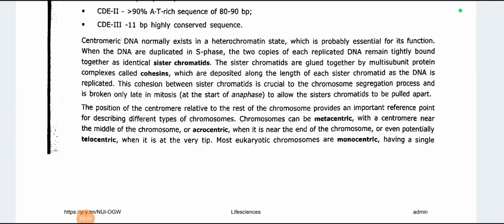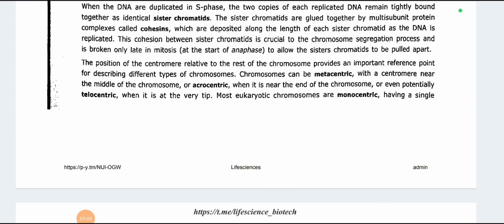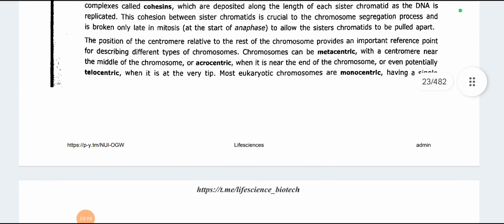Sister chromatids are glued together by a protein named cohesin, which is present along the entire length of the sister chromatids when the DNA is replicating. This cohesin is very important. During segregation, during late mitosis and at the start of anaphase, cohesin has to be broken down to allow the sister chromatids to be pulled apart.